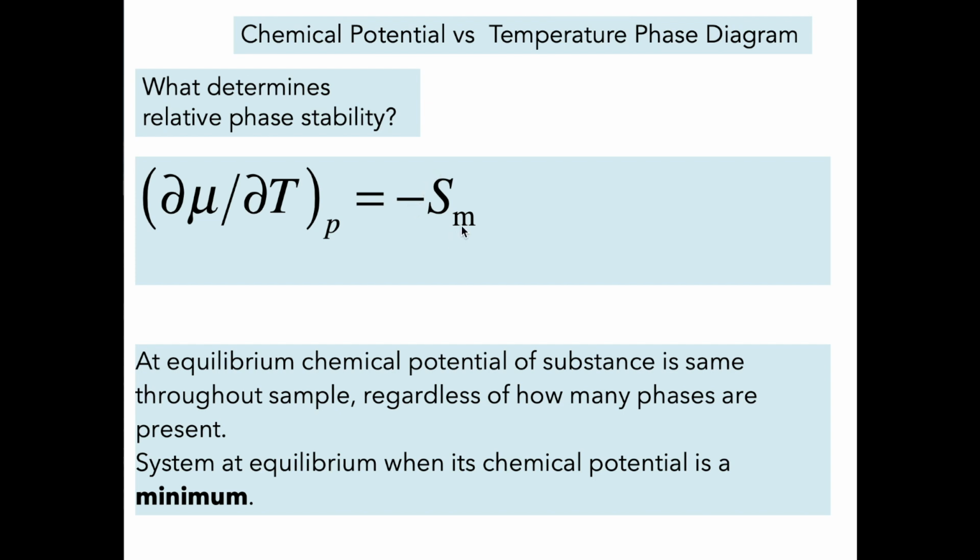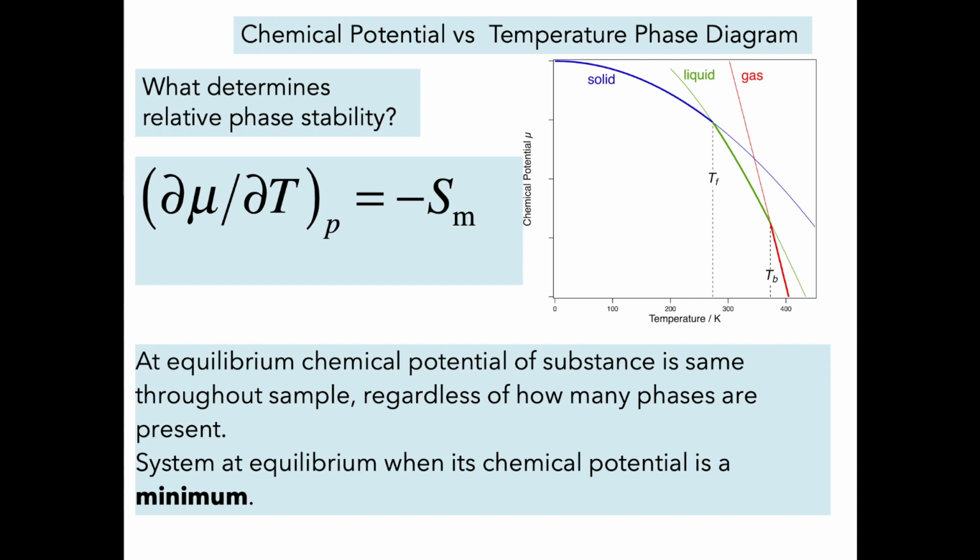Minus S. The molar entropy is always a positive number, so minus Sm is always a negative number. Moreover, we know that the molar entropy of a solid is less than the molar entropy of a liquid at the same temperature, and the molar entropy of a gas is by far the biggest of all of these phases.